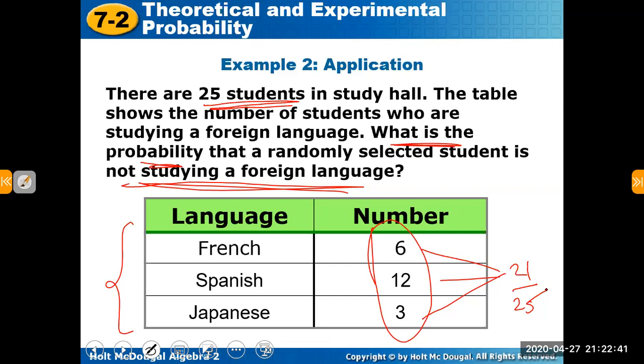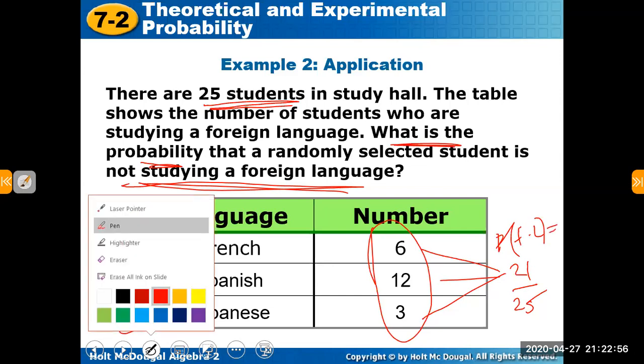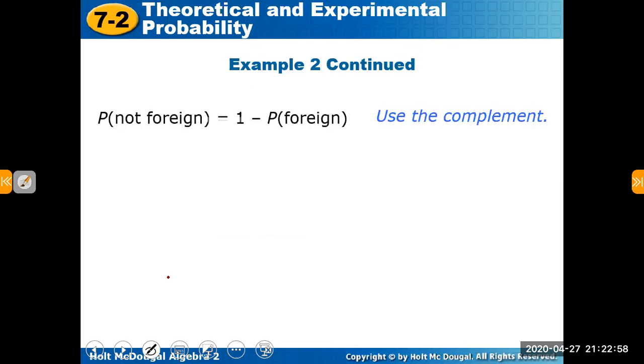Then how many of them are not studying foreign language? So this is probability of foreign language. The students who are studying foreign language is equal to 21 out of 25. So if we see here, probability of not studying foreign language is equal to 1 minus probability of studying foreign language.